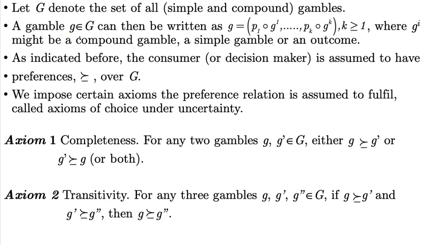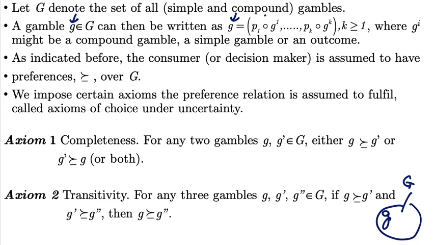So G here is an element in the set of gambles, capital G. If I draw it in this way, we have the set of gambles, and inside here we have G. A gamble here can be described as certain outcomes with their associated probability.